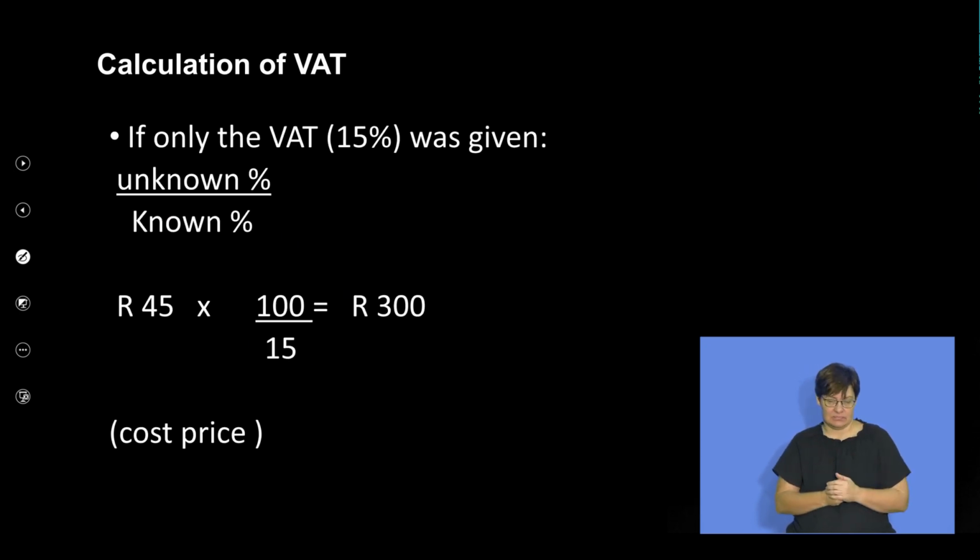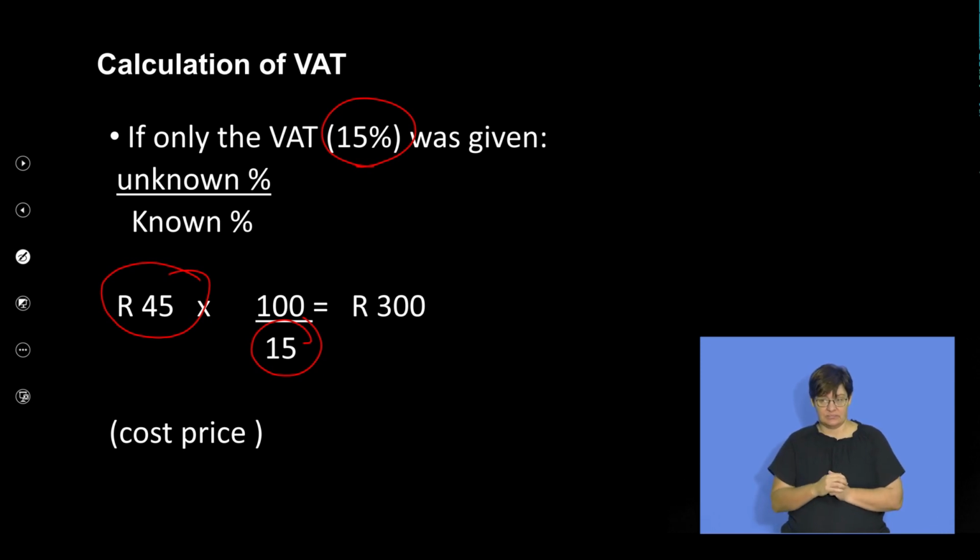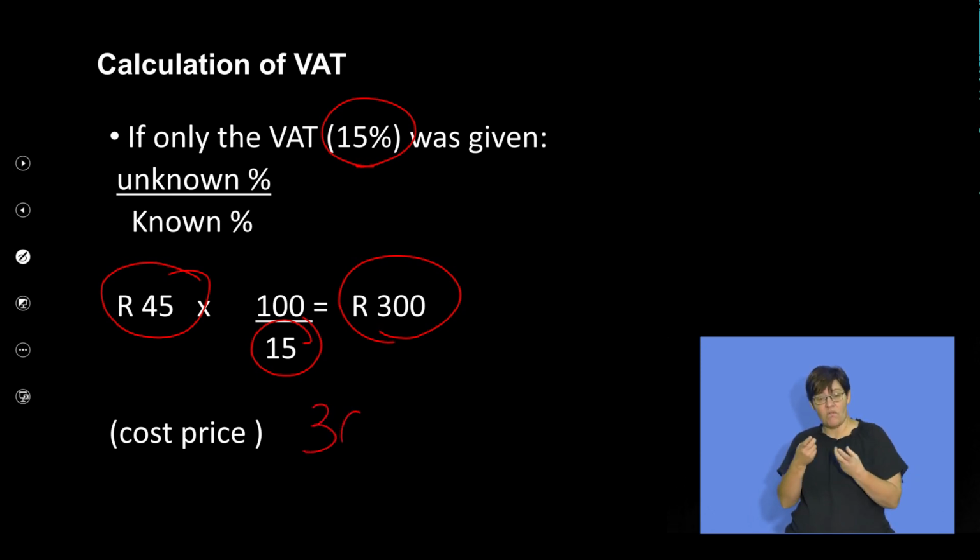Watch this here. You are told that the VAT amount to 15% was given. That means the 45 Rand was the VAT amount. Okay? So that was your 15%. Over 100 divided by the 15. Can you see? You're dividing by your known. Your known is 15%. Therefore, the transaction value or the cost price would be the 300 Rand.